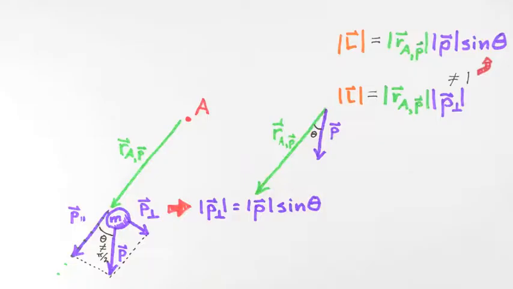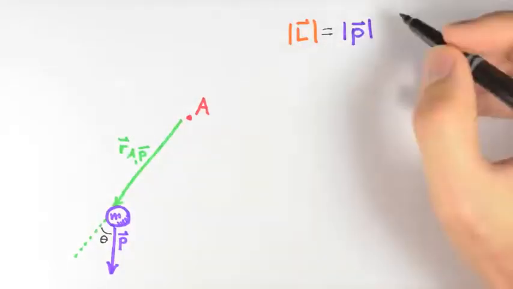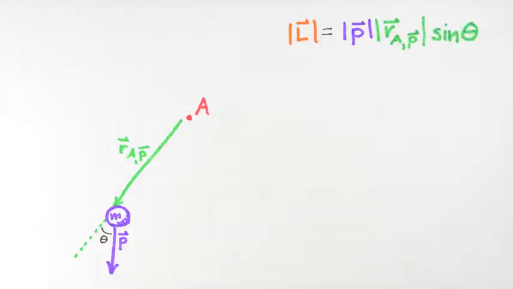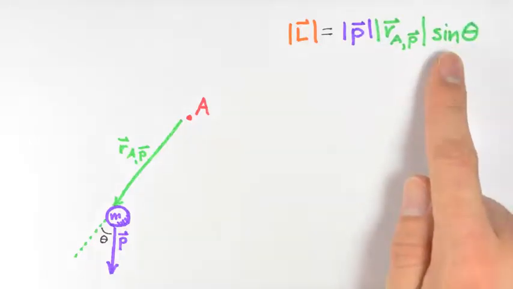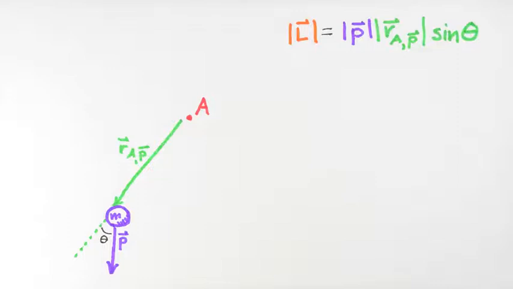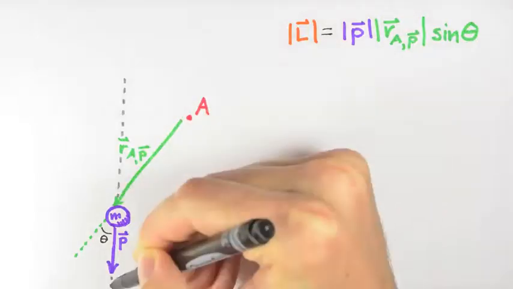However, we also have a second way to think about the angular momentum magnitude if we associate the trig function sine theta with the magnitude of the position vector r sub a p. The geometric picture for this is as follows. Imagine drawing a line parallel to the momentum vector p passing through the mass m.